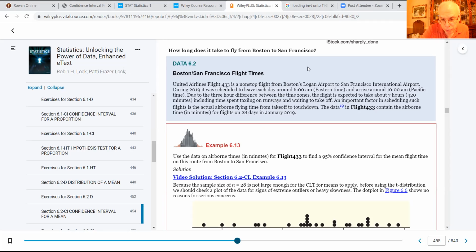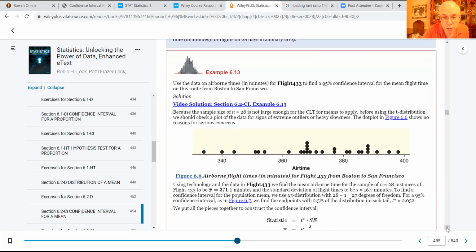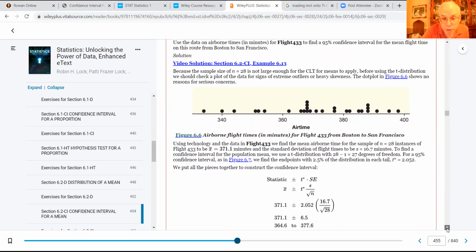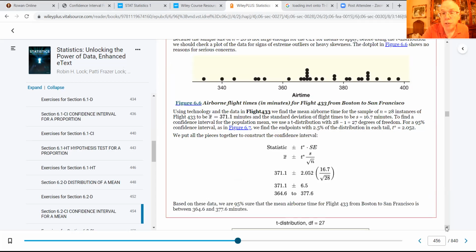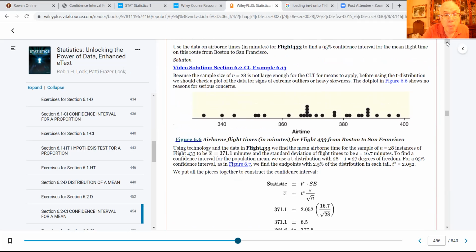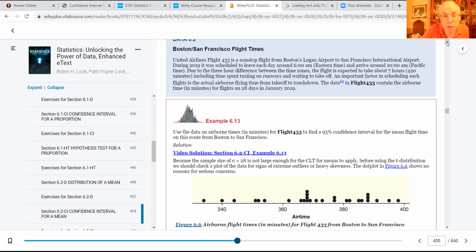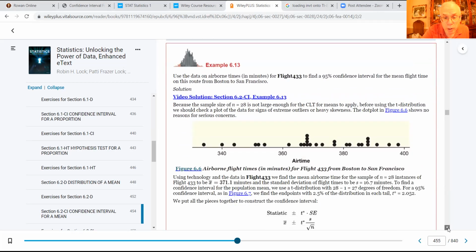All right, so we have n is 28 in this case, just a little bit less than 30. And if we plot it, notice it's somewhat symmetric, a little bit symmetric, I would say. So even though it's below 30, we can use the t distribution to construct a confidence interval. Now, what is the degrees of freedom? Well, since there are 28 of these dots, 28 different flights, we're looking at the number of flights here with the minutes airborne.